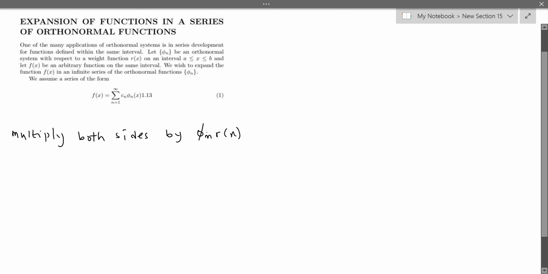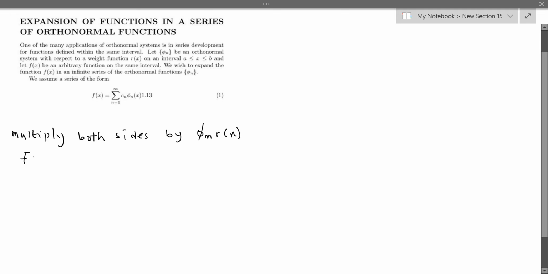Phi m is also an orthonormal function, and it is just one of them. It is like picking one orthonormal function from the set. This is a set of functions, so we are picking one from it. We name it phi m, and then this is the weight function. So we multiply both sides of this equation by phi m and r of x.